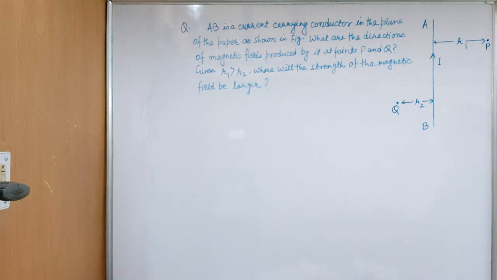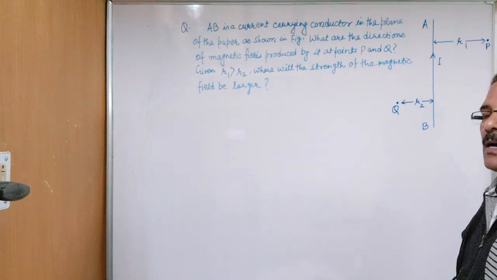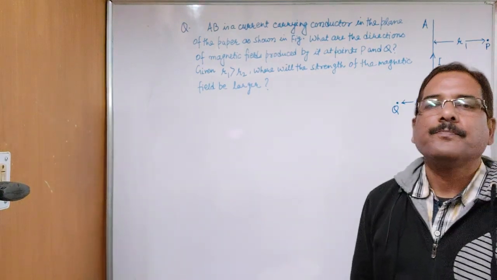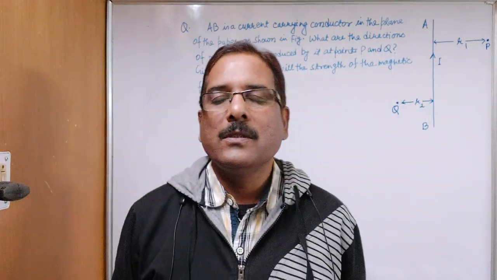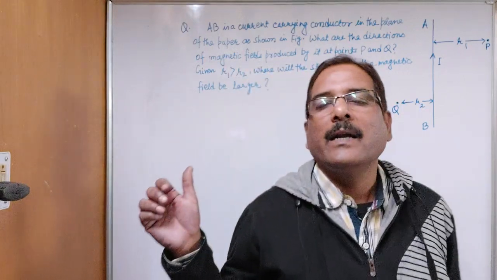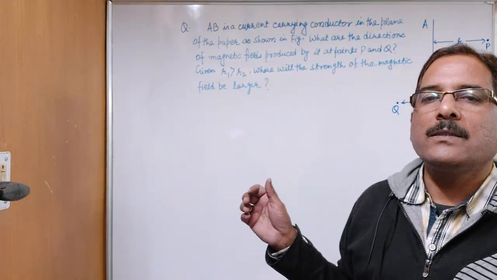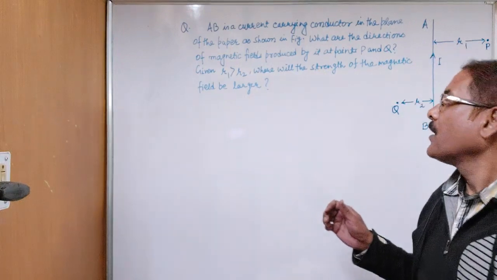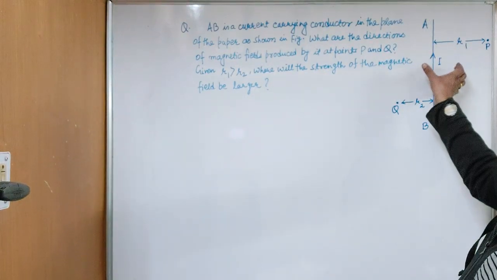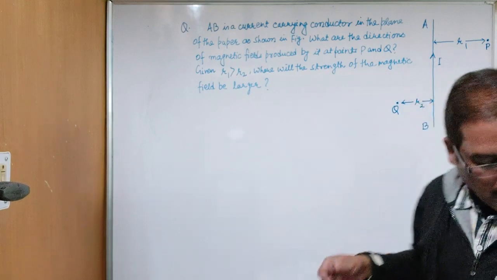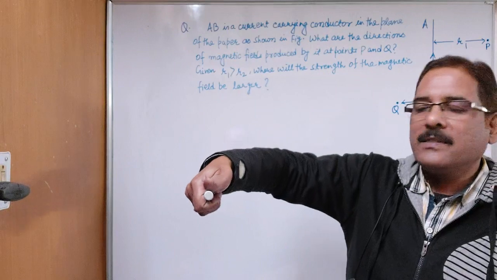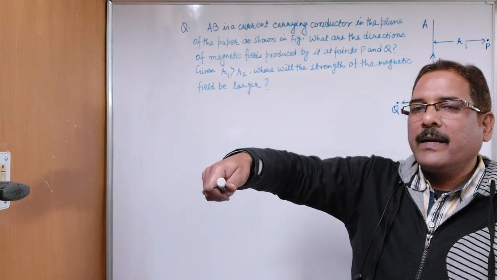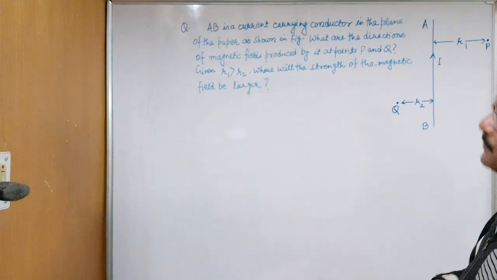So to find out the direction of magnetic field, which rule we will use? Think over it. We will use Maxwell's right hand thumb rule to find out the direction of magnetic field. So suppose we hold the wire in this way, because the wire is in the plane of paper. So if we hold it in this way, the thumb indicates the direction of current.